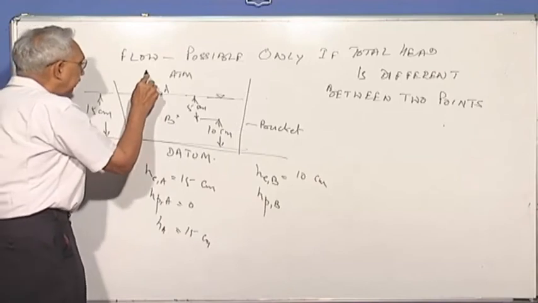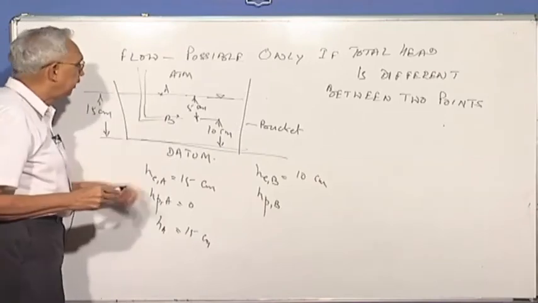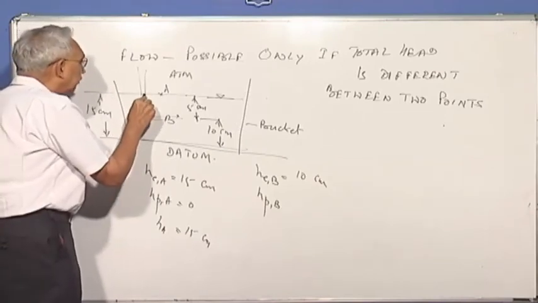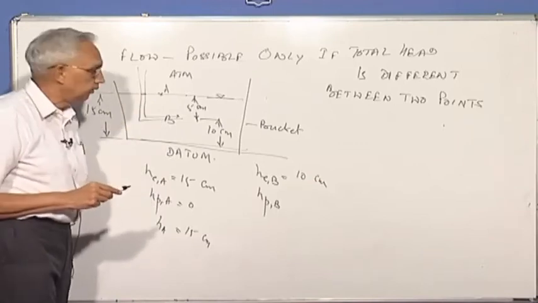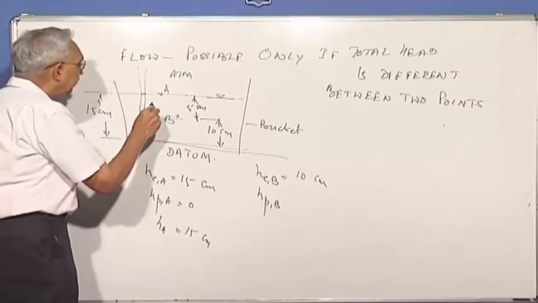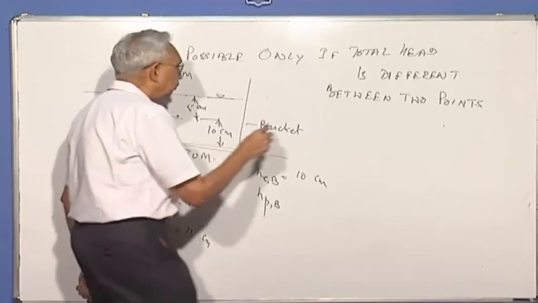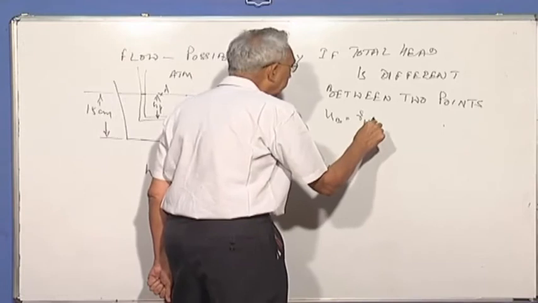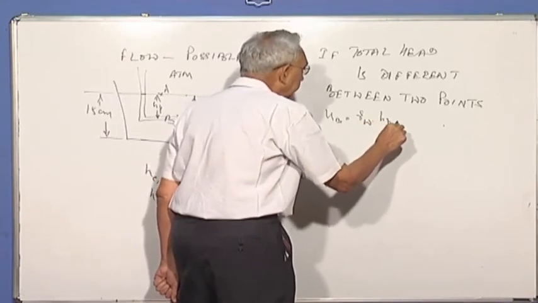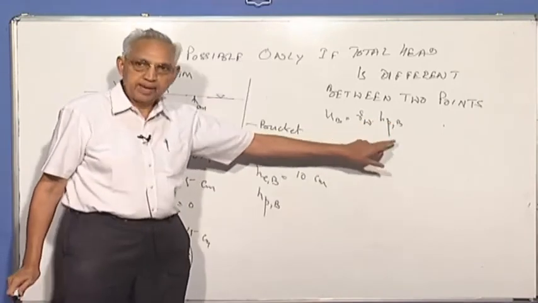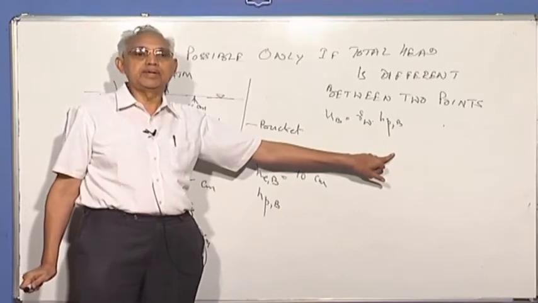Suppose I now put in a tube at the point B. You would agree that the water level will come to the top of the water level here. So can I say this is the pressure head? The pressure here at point B is equal to gamma W into h_pB, the unit weight of water times the height of water in the tube.